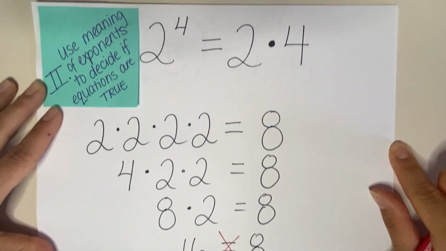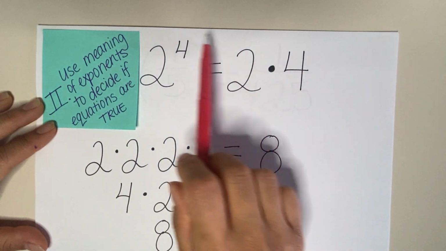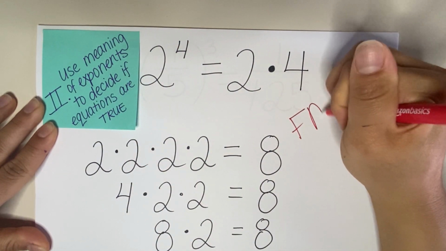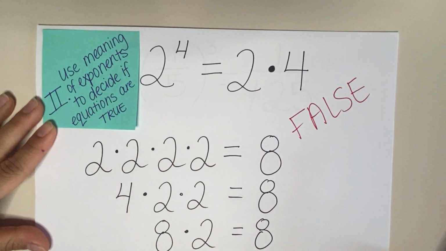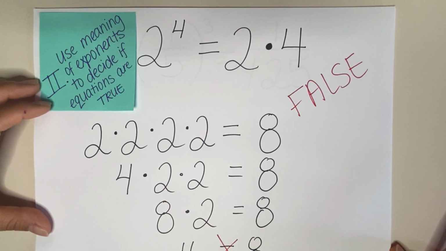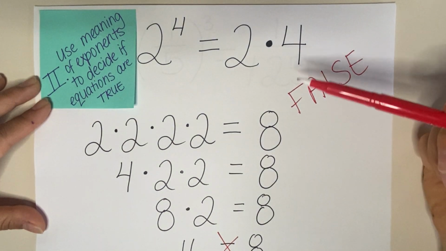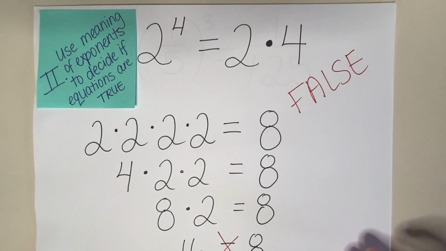So we just used the meaning of exponents to decide that this equation is false. Because 2 to the 4th power does not have the same value as 2 times 4. And we just proved it by solving this out. Well, let's look at another example.